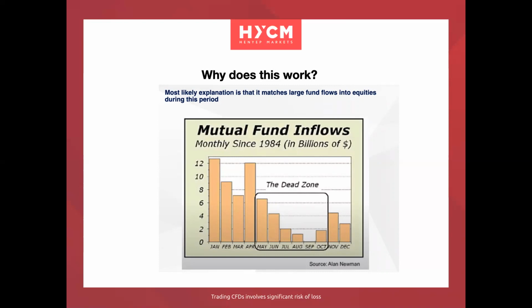December drops to just under $3 billion. But then look at January, $12 billion of inflows. Just under 10 in February, March and April. So the first 4 months of the year see a huge rise in mutual fund inflows. And of course, those inflows are going into the major indices across the world, and they're lifting them.